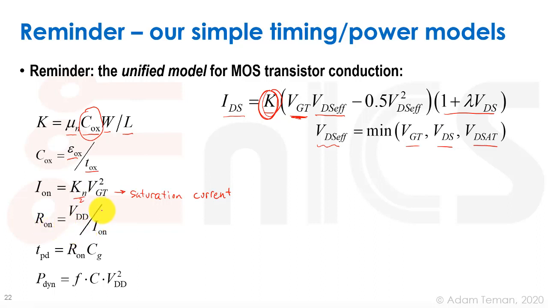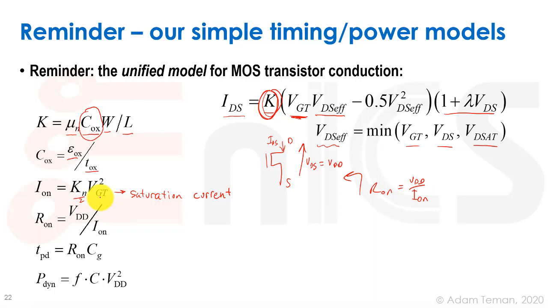If we're taking our D and our S and we have VDS equal to VDD on it, and this is IDS, then the equivalent resistance R on equals VDD divided by I on. And I on we wrote down here.